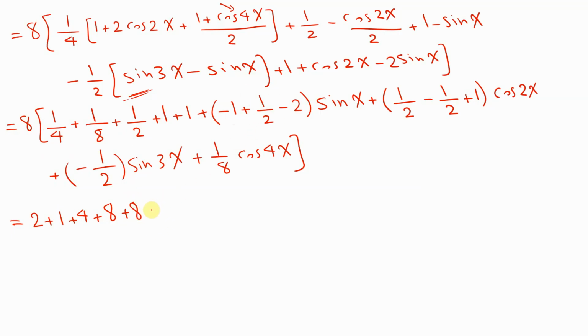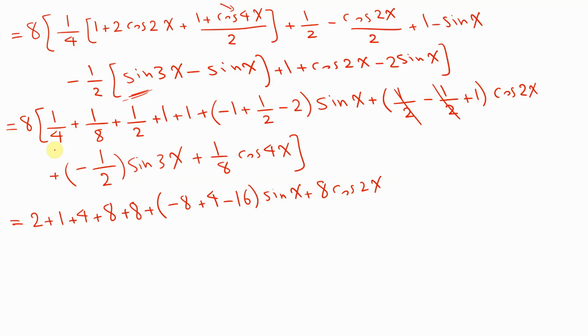Now here we have 8 times minus 1, minus 8. 8 divided by 2, 4. 8 times minus 2, minus 16, times sinusoid of x. Plus, for this one, 1 divided by 2 minus 1 divided by 2 are crossed out and we are left with 1, so times 8, which is 8 times cosine of 2x.